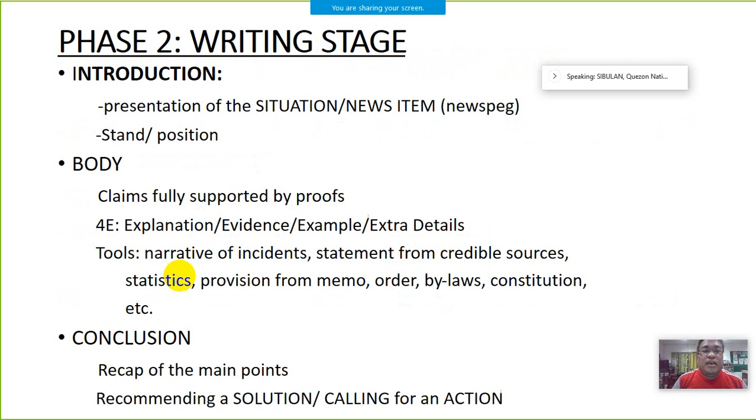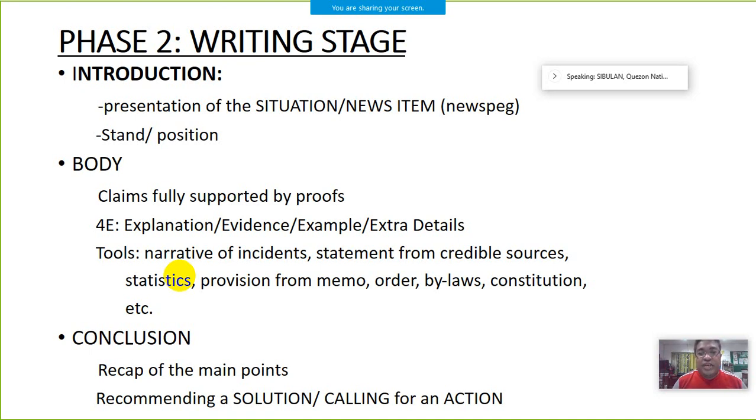So after we came up with the title, we're now in phase 2, which is the writing stage. Now, it is important that we have an outline. So we should have an introduction. The introduction is mostly presentation of the situation or presentation of the news item.